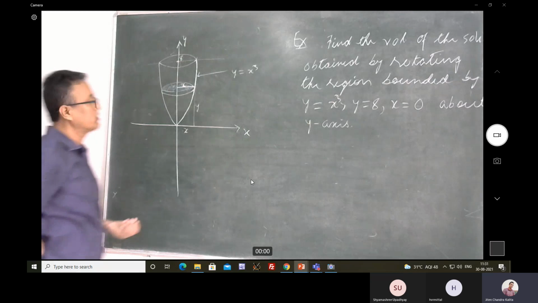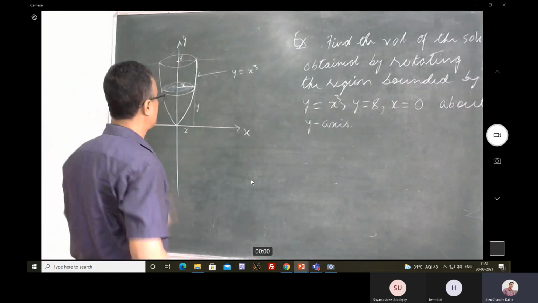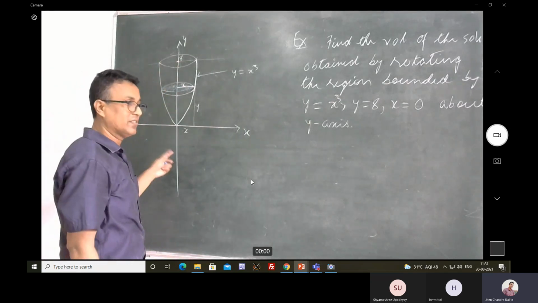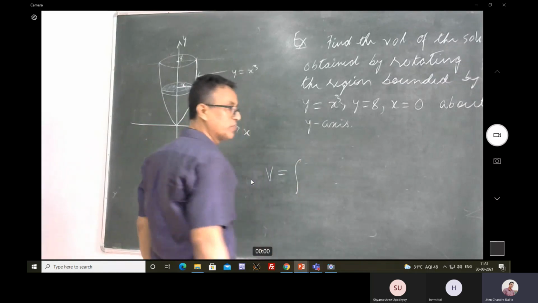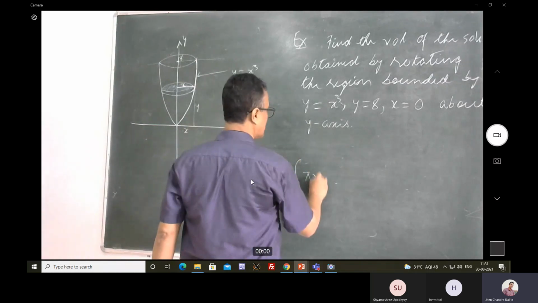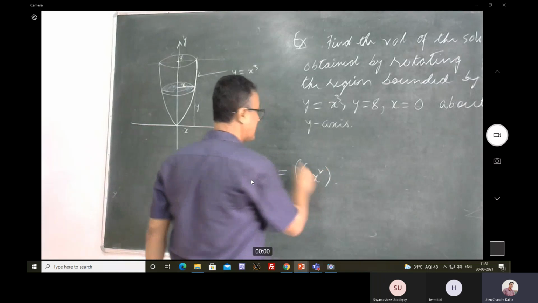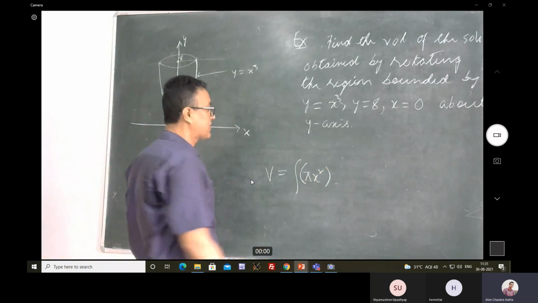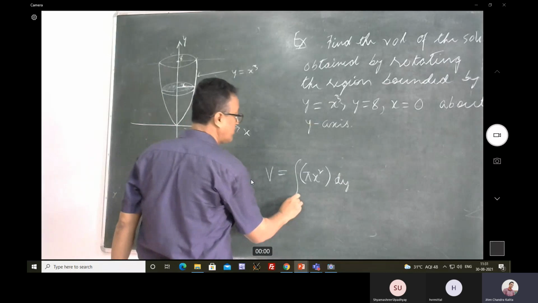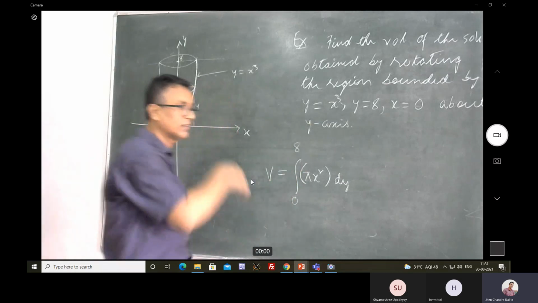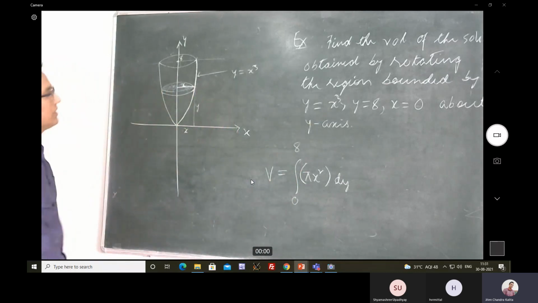Fine. Because it is rotation about the y-axis, my volume is going to be the integral of pi x squared delta y, and y goes from 0 to 8. Is it okay?